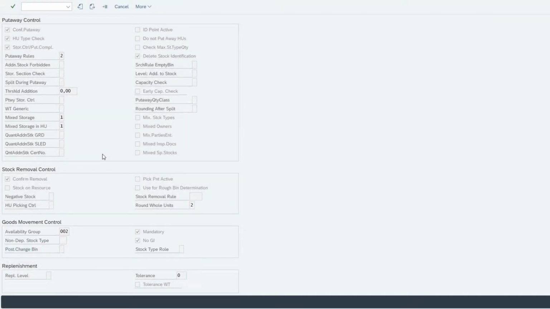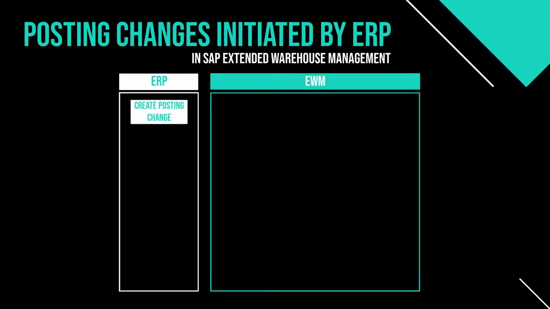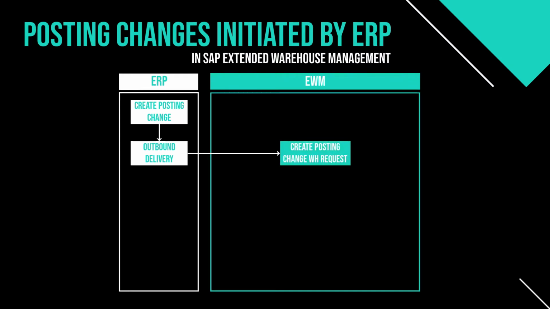So far on the operational part of the EWM posting change process triggered by the ERP system. But we of course need to do another setting, because as we learned, in this case the ERP system creates an outbound delivery, transfers it to the EWM system, and there a posting change request is created.